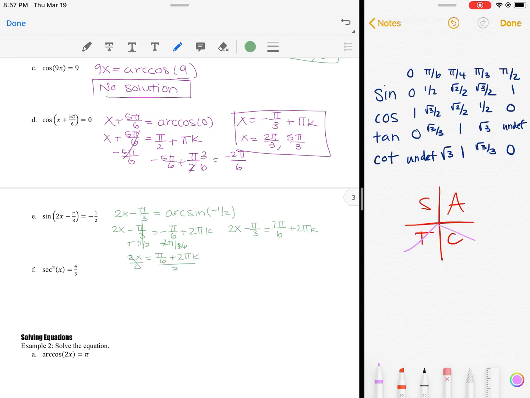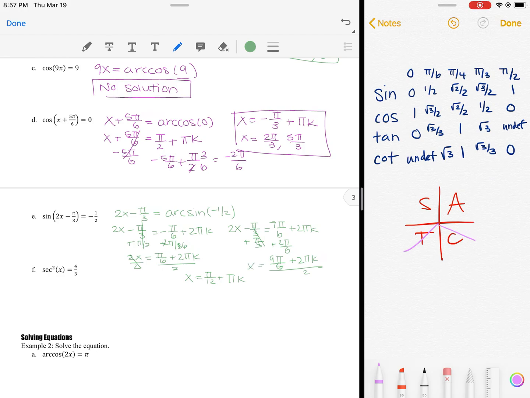Dividing both sides by 2, x equals pi 12ths plus pi k. Do the same thing on this side. We're adding that pi thirds, but we know that's the same as 2 pi 6. So we get 9 pi 6 plus 2 pi k. Divide this all by 2.